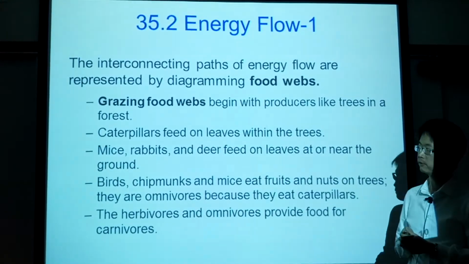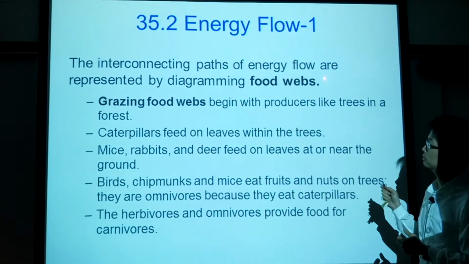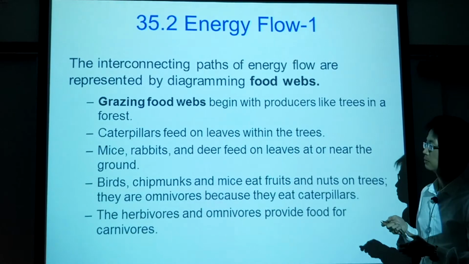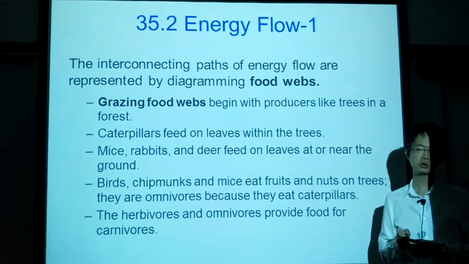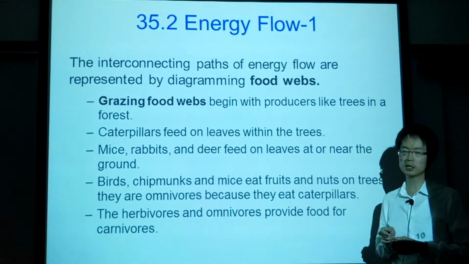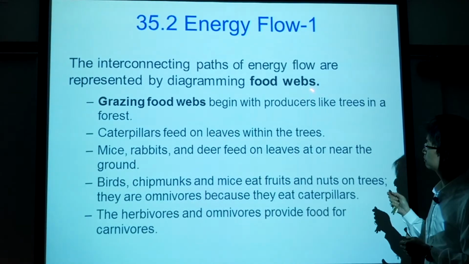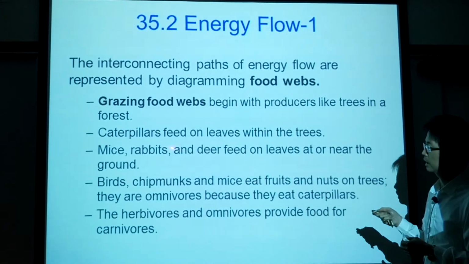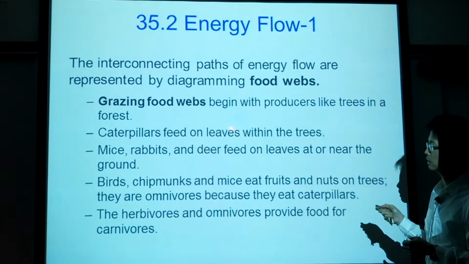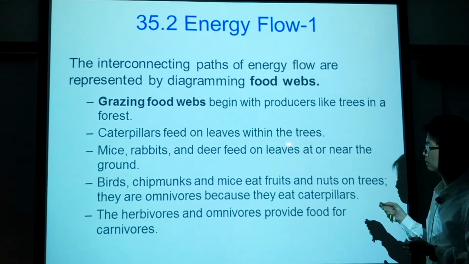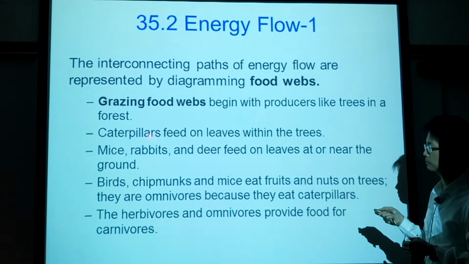So energy flow can be represented by food webs, but a food web is composed of individual food chains. So we start with a producer like trees, and then caterpillars feed on the leaves of the trees, and then mice and rabbits feed on the leaves or the caterpillars.